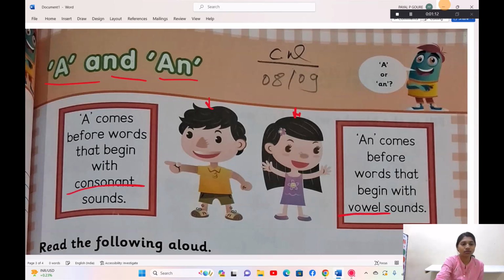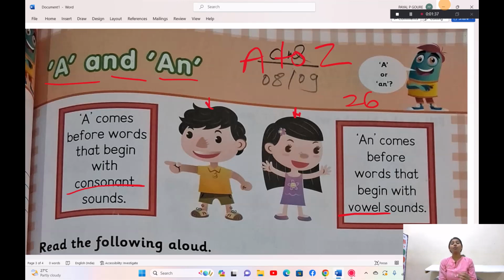See, we already studied the alphabet A to Z. A to Z, how many letters are there? 26. If you count A to Z, there are 26 letters.